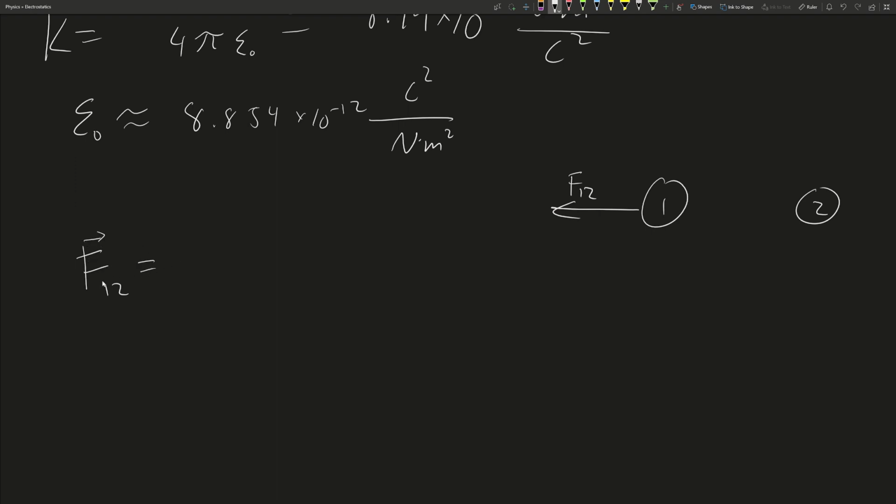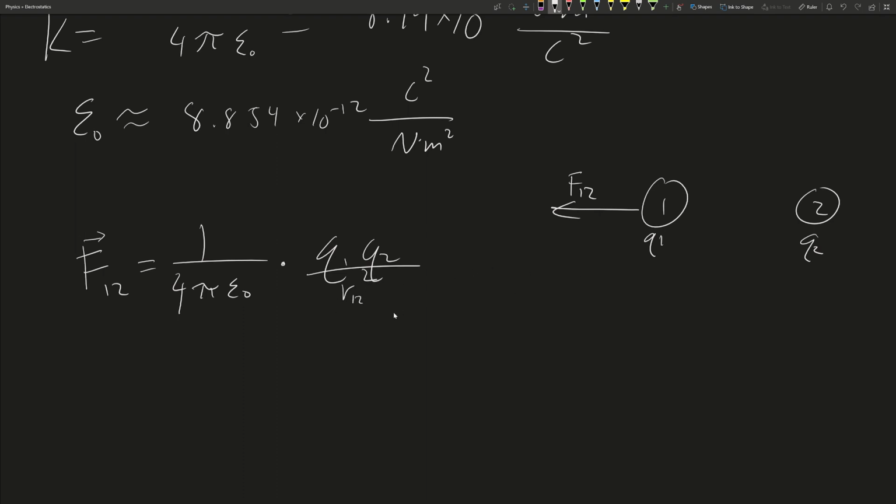So again, this is the force on object 1 by object 2, and it is going to be equal to constant K, or 1 over 4 pi epsilon 0, times Q1 Q2. Notice how this is not magnitude. This includes the signs of the charges. So Q1 and Q2 divided by R12 squared.